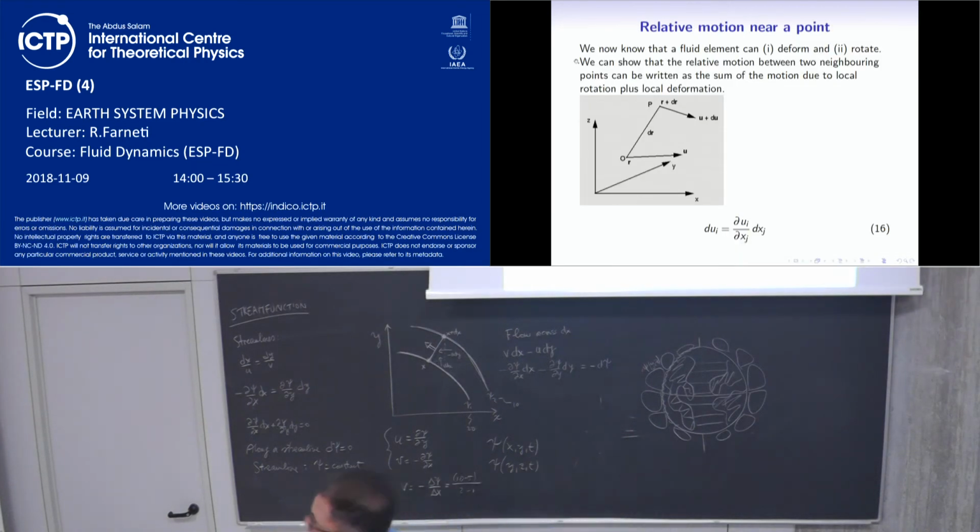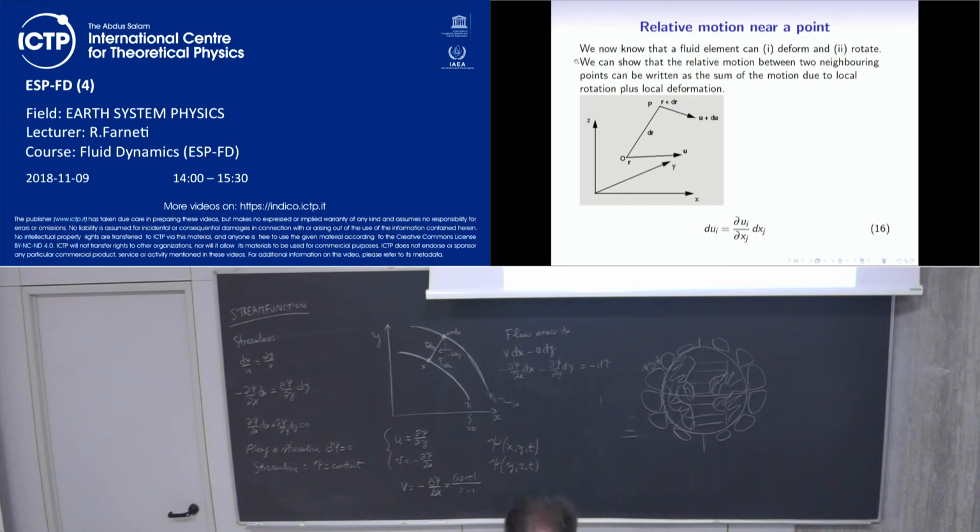Okay, so we're going to do this. We define the streamlines and now the stream functions. We define the linear strain rates, and from the linear strain rates we define the velocity gradient tensor, and the diagonal terms were the linear strain rates.